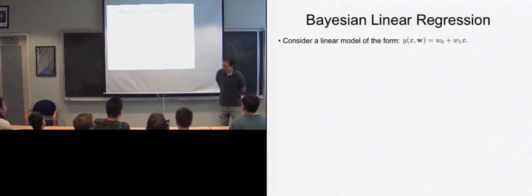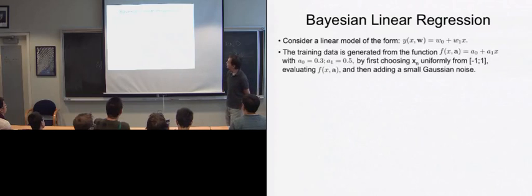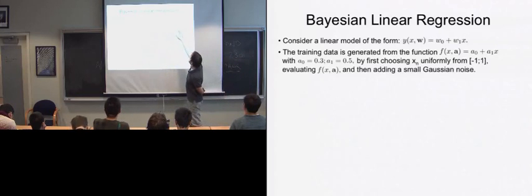Now, let's look at an example of a Bayesian linear regression model, how it's done in practice. Suppose I have just a simple linear model of the form W0 plus W1x. That's a simple linear function here. The way that I'm going to generate the training data is from this function, A0 plus A1x, where A0 and A1 take particular values.